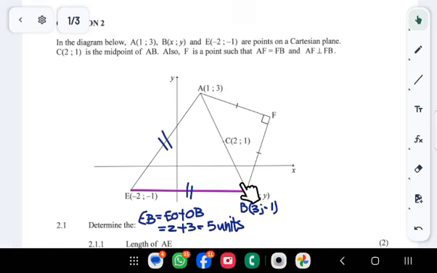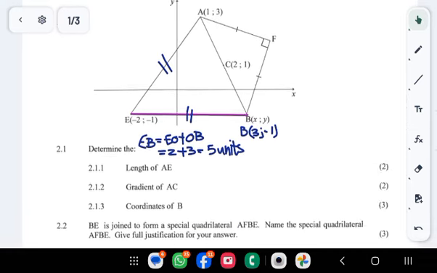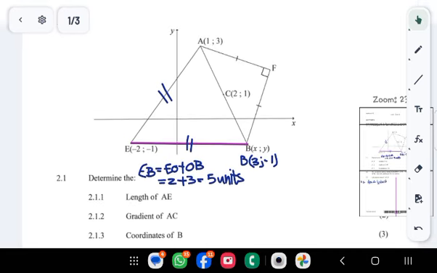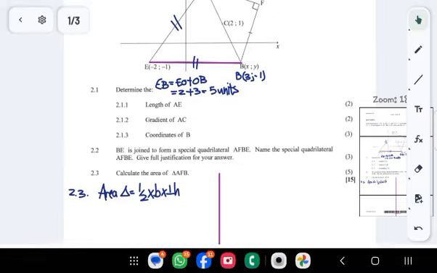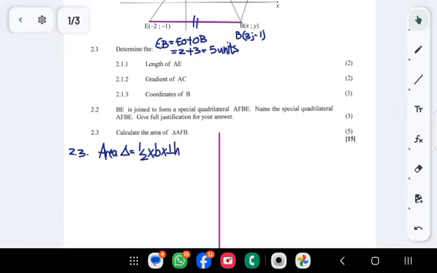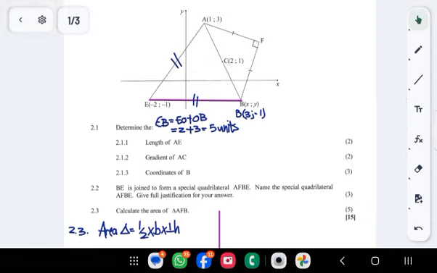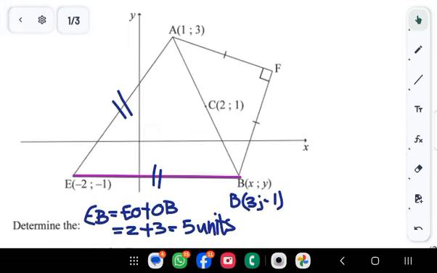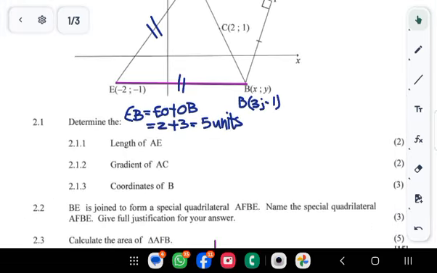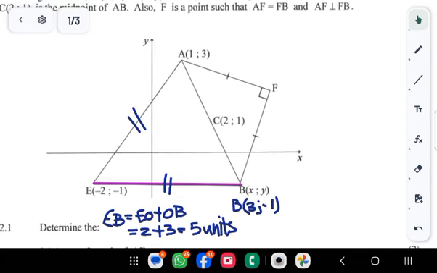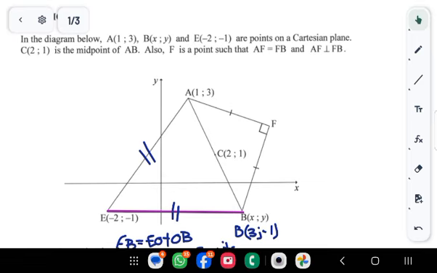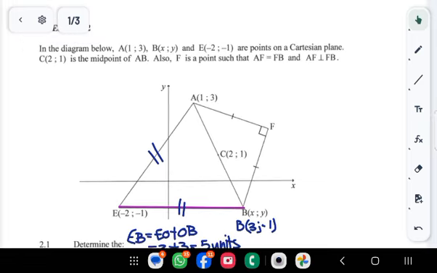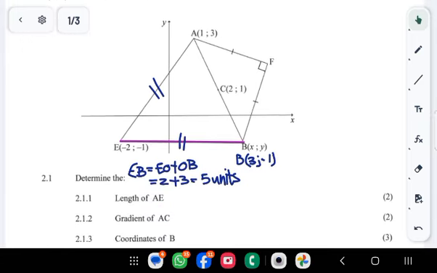Now we need to find the length of AB, and we also need to find the length of AF or BF. Now the coordinates of F will be found in this way.